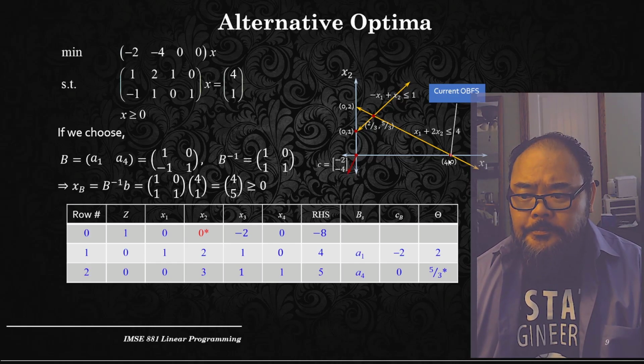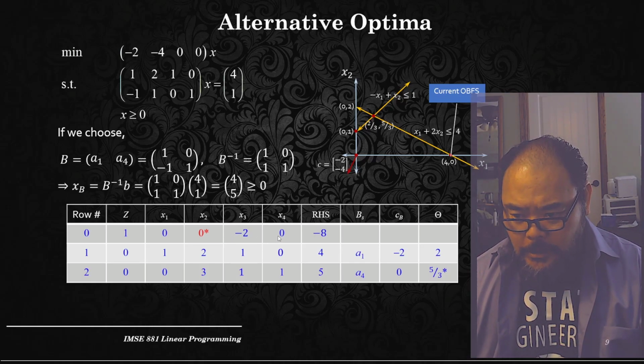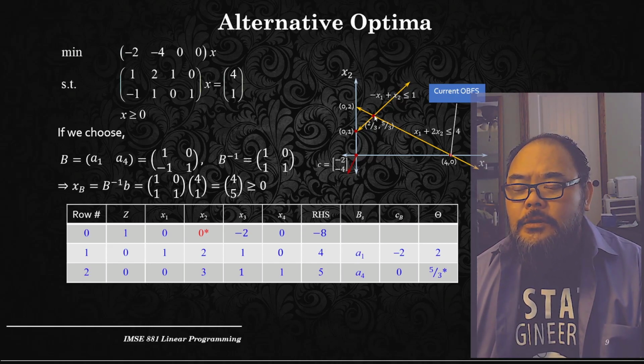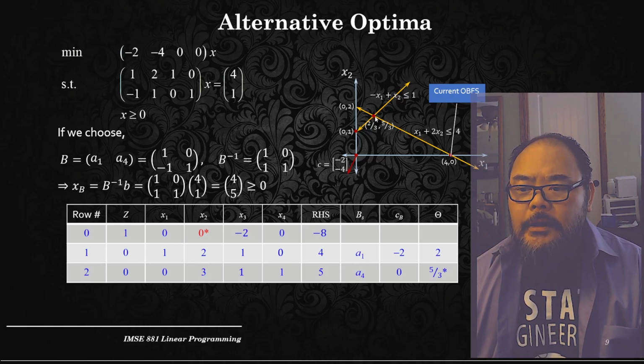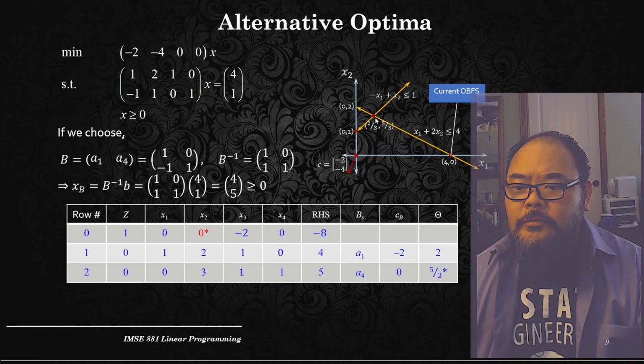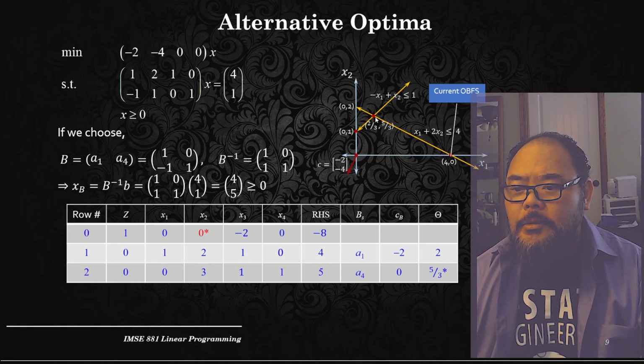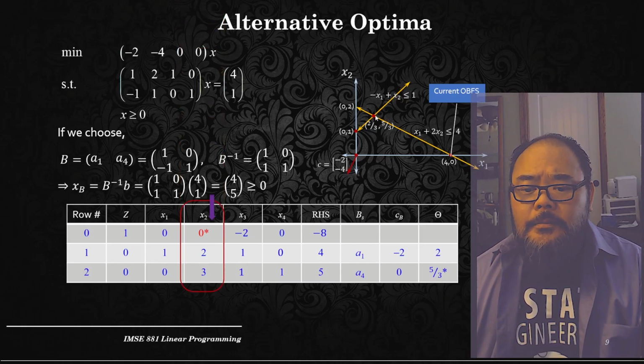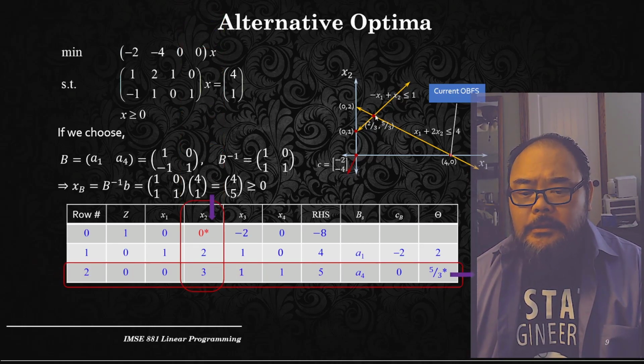With x2 coming in, x4 will be leaving, so we end up with this point right here as the next optimal solution for the next tableau. x4 will be the leaving variable based on the minimum ratio test theta.